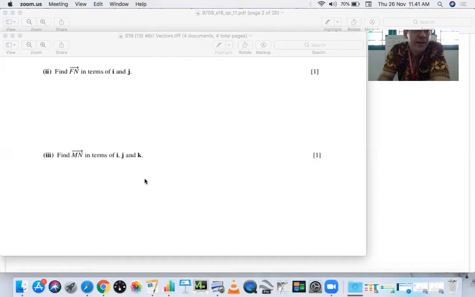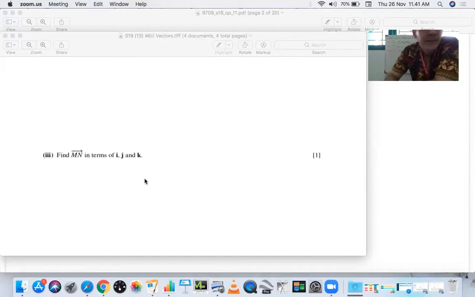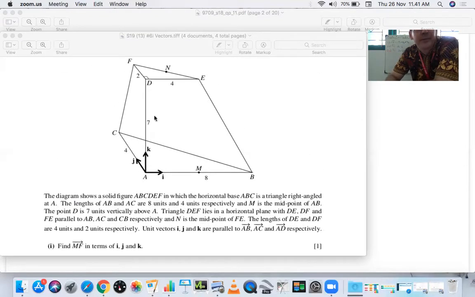Then the third one wants you to find MN, from M to N. Here's M, and we're going to N. So this one, remember M is half of 8, which is 4. N is half of 4, which is 2. So we're going backwards from M to N, so we have to go minus 2i.